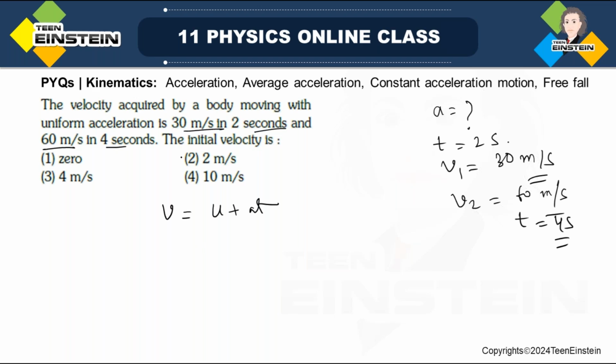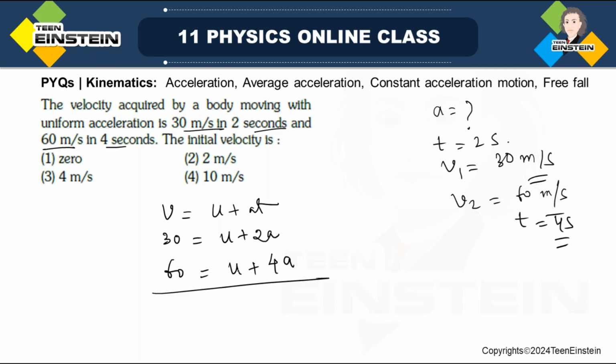So in both cases, I just put the values. At 2 seconds, we know v is 30 meter per second, and u I don't know. What is a? I have to find out. Time is 2 seconds, so 2a. And at 4 seconds, v is 60, so u plus 4 into a.